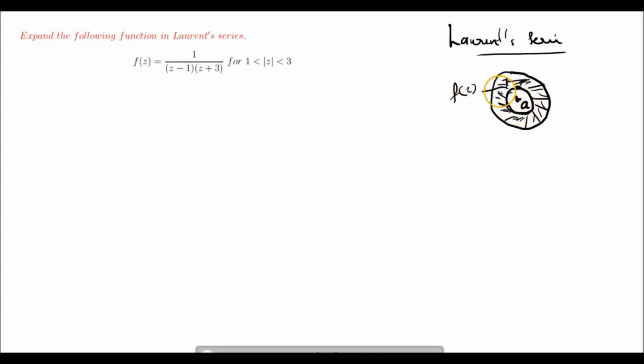So f of z is always analytic in the annular region, and the Laurent series expansion is always valid for this annular region.